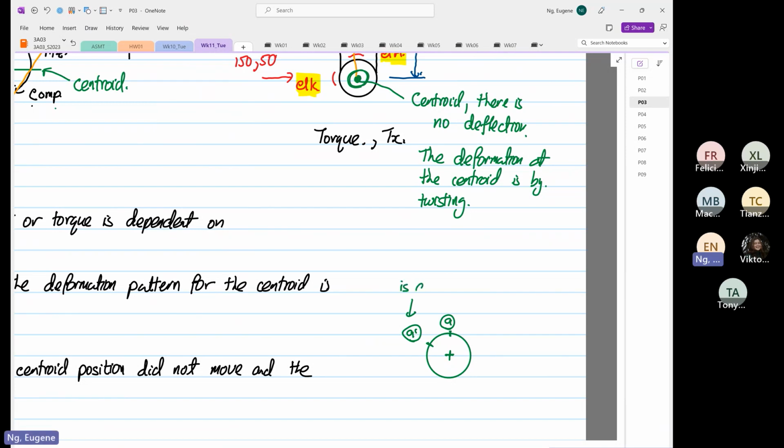What you see from A to A prime, you have an angle over here, and this angle we call gamma. Okay, it's shear, it's a twist. That is known as gamma. So this is where we have a torque.